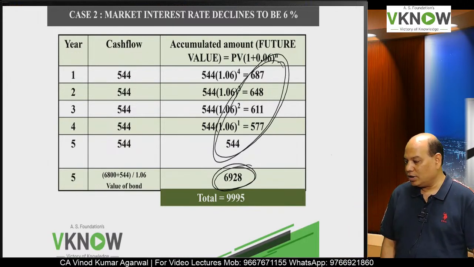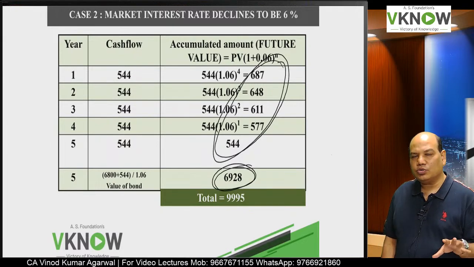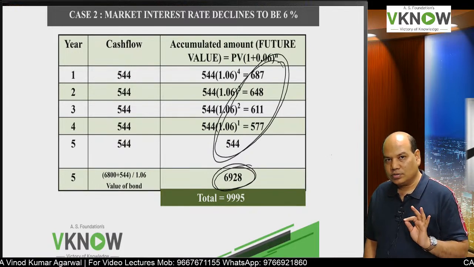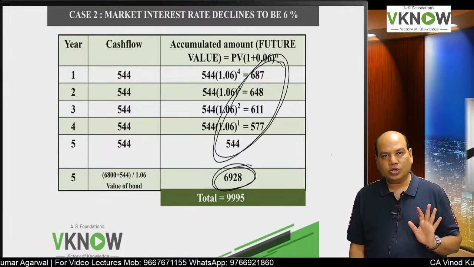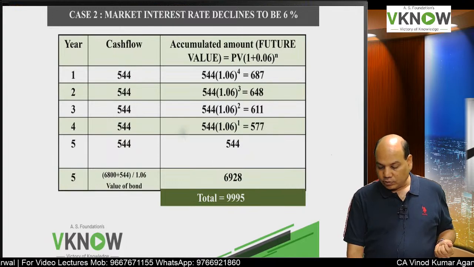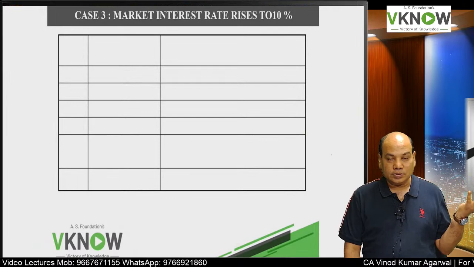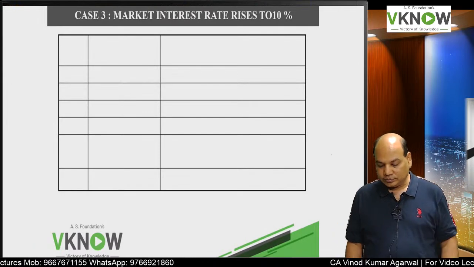That is 9995. So you are convinced to some extent that this immunization strategy works if you can match the duration of the liability with the duration of the asset. But I also have to prove that if the interest rate rises to 10%, then also it will match 10,000. Let us see.